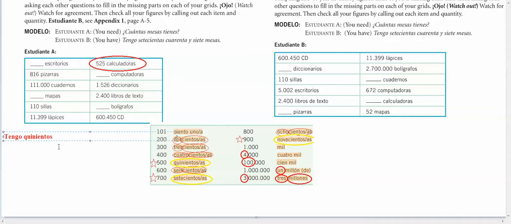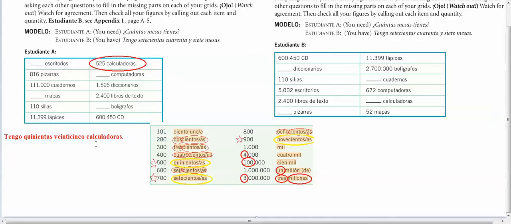But if you look over there, I can have 500 or 500, okay? 25 calculadoras, okay? Because what I'm talking about are calculadoras, which is feminine, I'm going to pick the feminine spelling of 500. So tengo 525 calculadoras is how I would say that. Okay, and that is because they have to agree. That is feminine because the thing that I have 500 of is feminine.